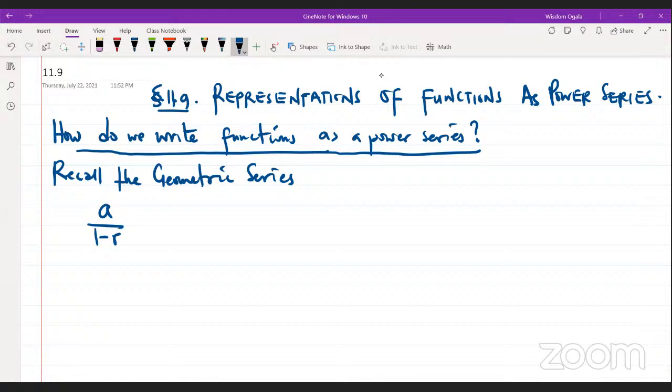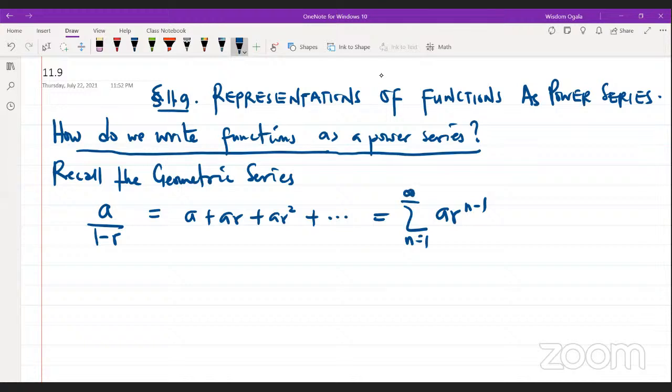This is the same thing as a plus ar plus ar squared and so on, because this is just the sum, a geometric series as n goes from 1 to infinity. And remember when we learned this, we said it has two representations. This is another one: ar to the power of n.